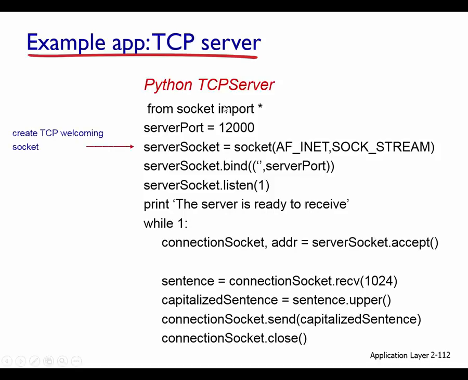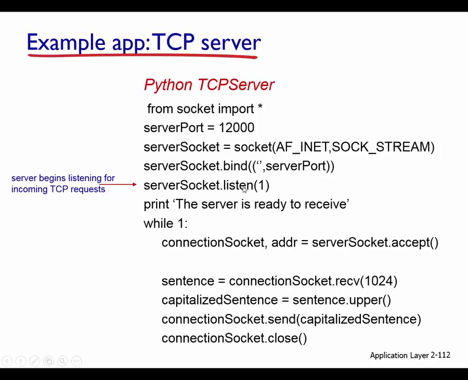Here on the server end, we create our socket, like I said, using sock stream instead of datagram. So the next thing we do is we bind the socket that we've created to a particular port number, so it's going to associate that port number with this particular socket.